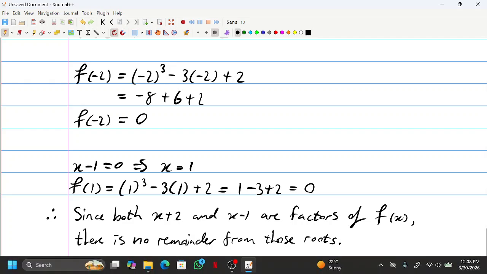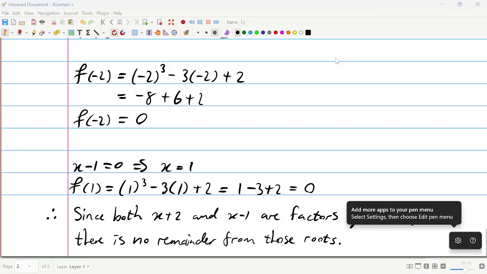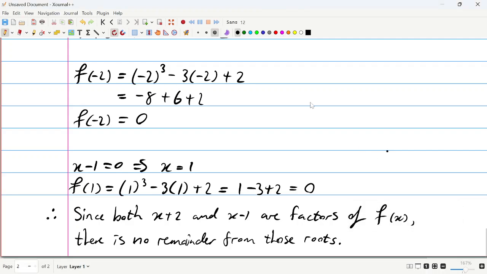Okay, so there we go. That's how you would answer this question, because you need to show that you know what you're doing. And I just noticed that literally everything else was showing up in the background, but it is what it is, I guess. Hopefully that makes a lot of sense. So that would be the factor and remainder theorem for this case.